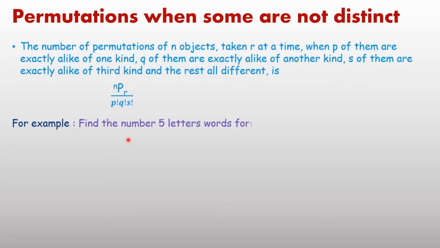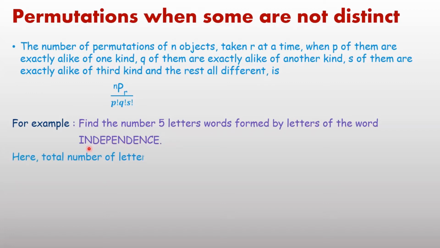For example, find the number of 5-letter words formed by the letters of the word INDEPENDENCE. In INDEPENDENCE, how many letters are there? First you count. The total number of letters in this word is 12. If all letters are different, then directly the result you can write is 12C5.